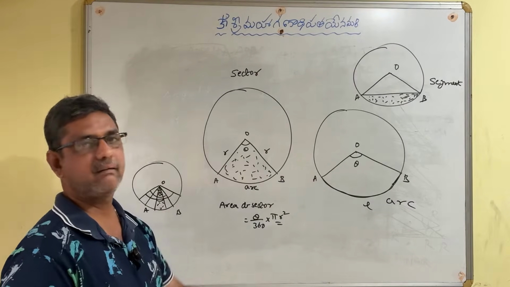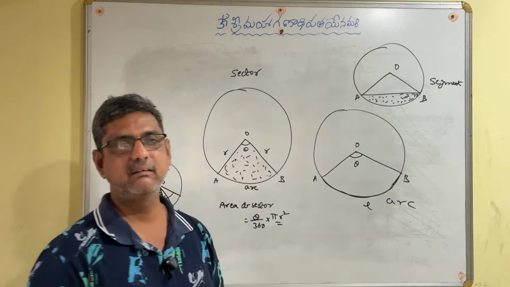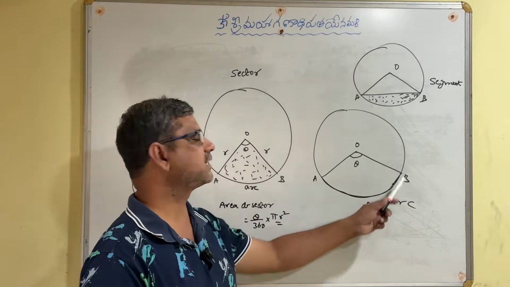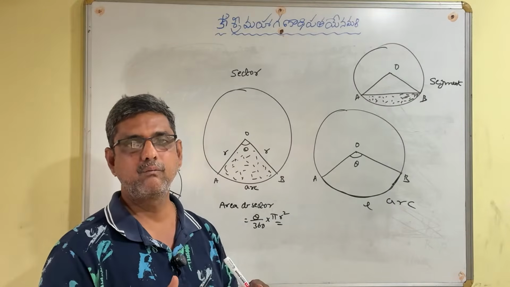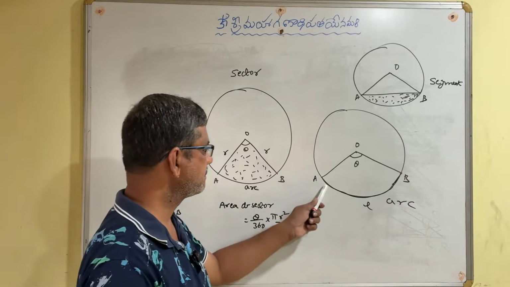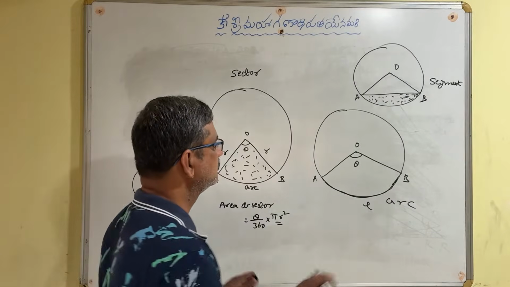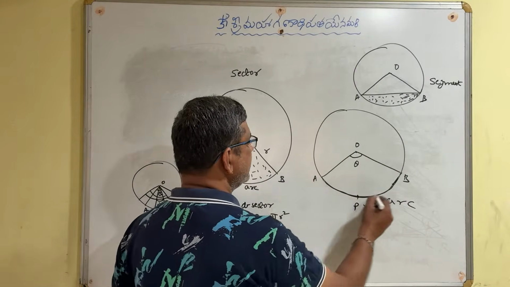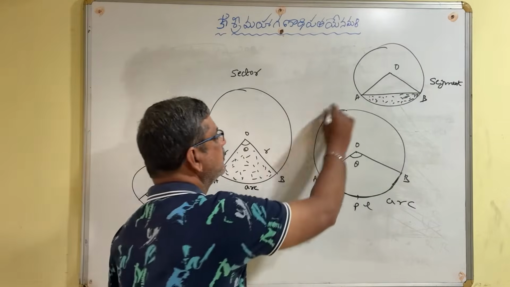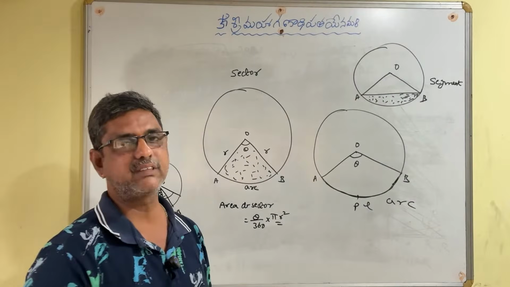Now coming to here, length of the arc. Length of the arc means the part of the circle which is in between the two radii of a circle. This one, arc APB. It is a part of total circumference of circle.